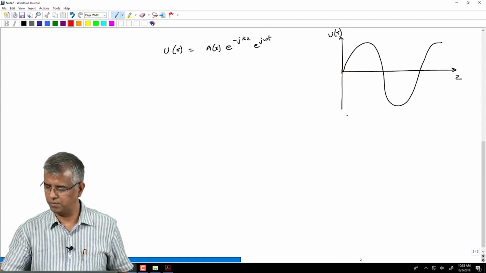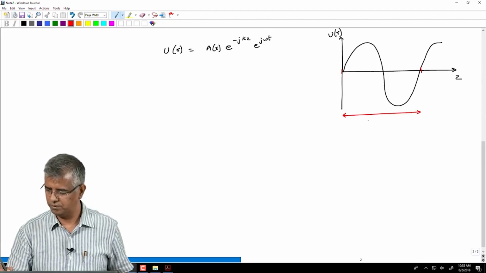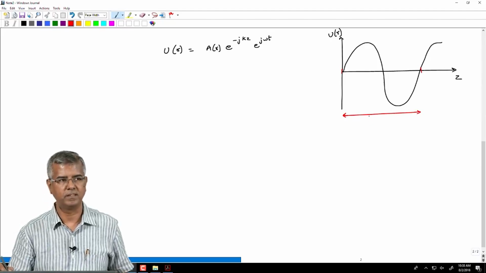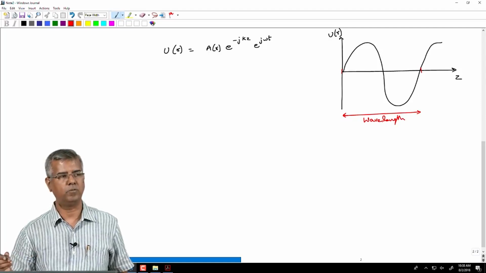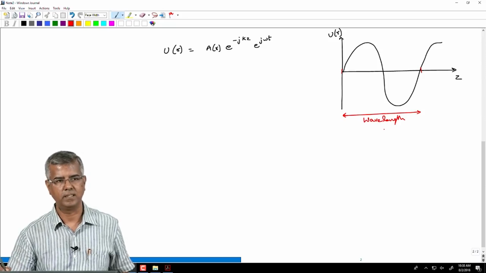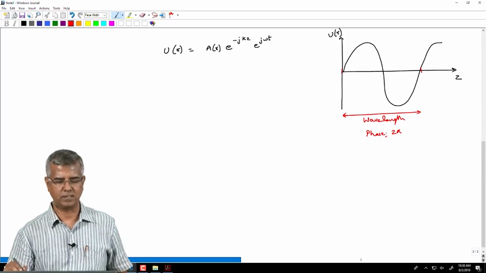From where it goes from 0 and goes to 0 again, what does that correspond to in space? Wavelength. And over the wavelength, how much phase does it accumulate? It accumulates a phase of 2 pi radians.